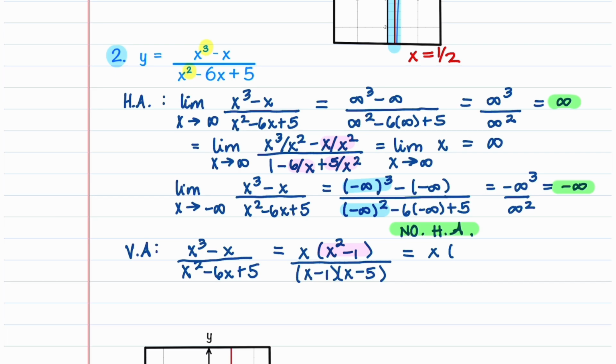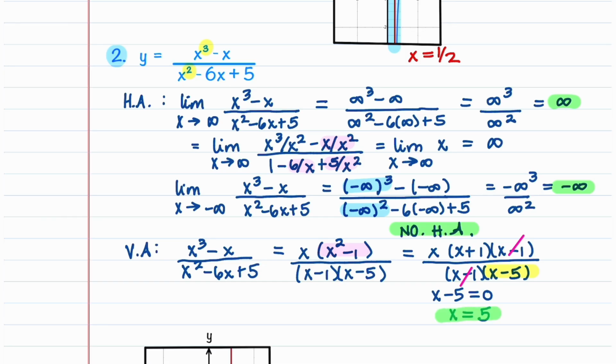X squared minus 1 factors into x plus 1 and x minus 1, and then we'll copy down the denominator, x minus 1, x minus 5, and now we can cross out the terms that are common to both the top and the bottom. What we do next is we take the term in the denominator that's left and we set that equal to 0. And that is x is equal to 5, and that is our vertical asymptote.